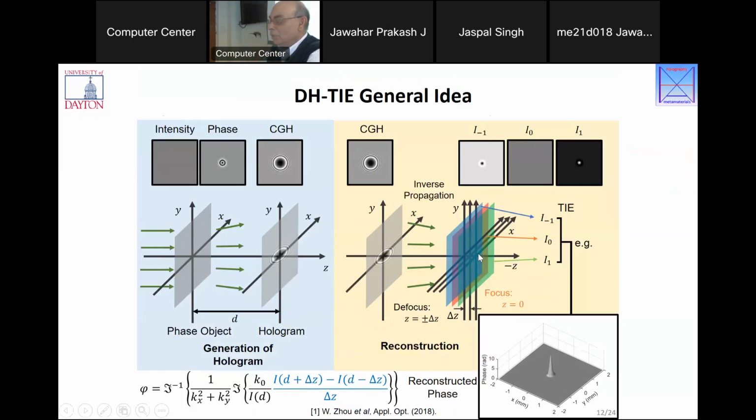When you are back propagating or forward propagating to the image plane to reconstruct the hologram, you are doing it numerically anyway. So why not find the intensities at three different planes and then use transport of intensity? Very simple, and I get my unwrapped phase.